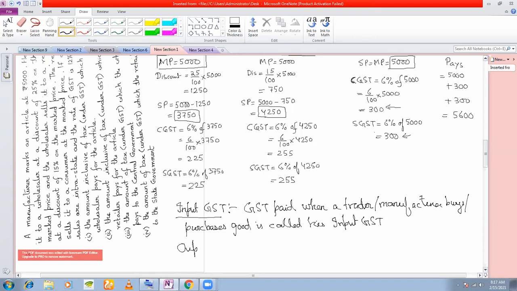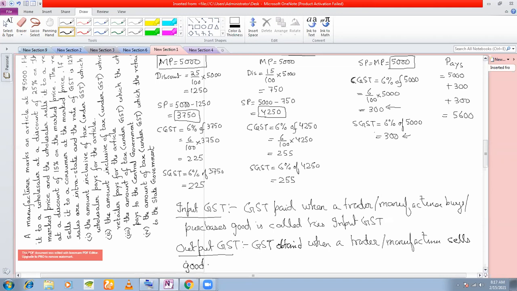Output GST. GST obtained, let's say obtained, not paid, GST obtained when the trader or manufacturer sells goods is called his output GST.